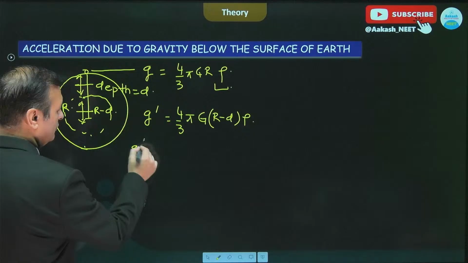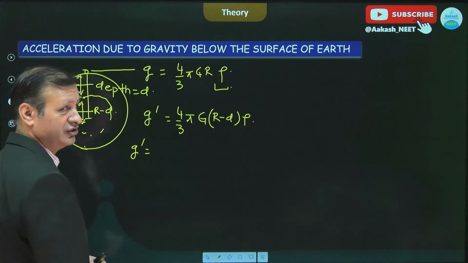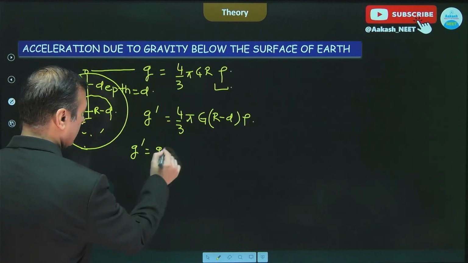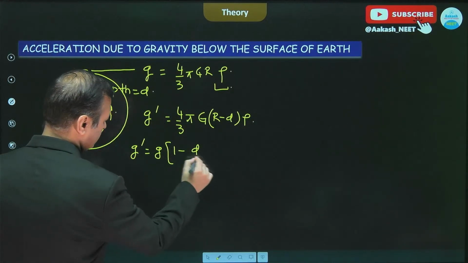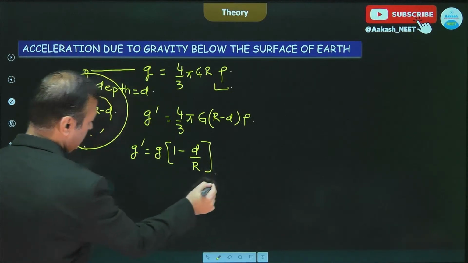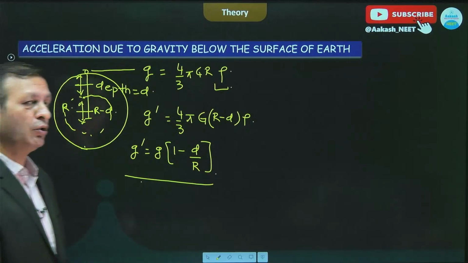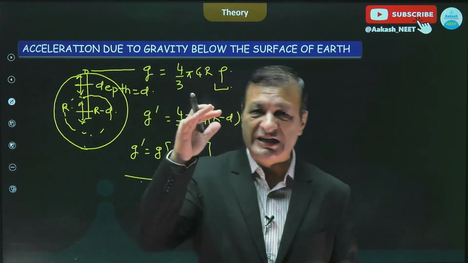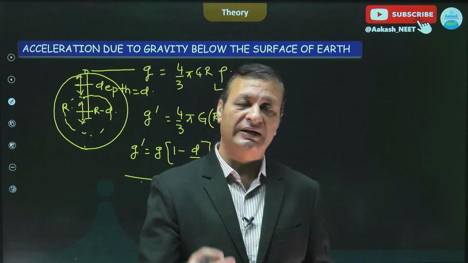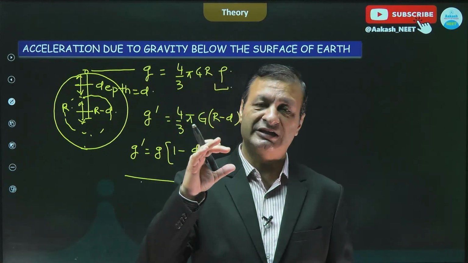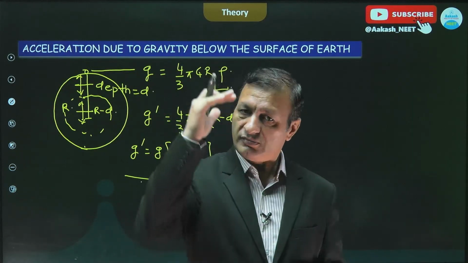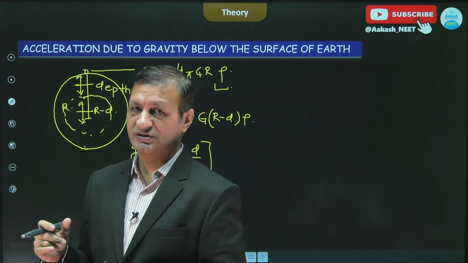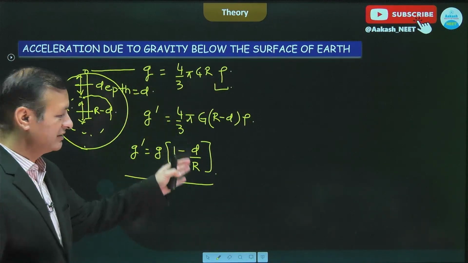In that situation, g dash at depth is given by g times 1 minus d by R. This is important when you go deep inside the Earth, and that depth d is defined from the surface.